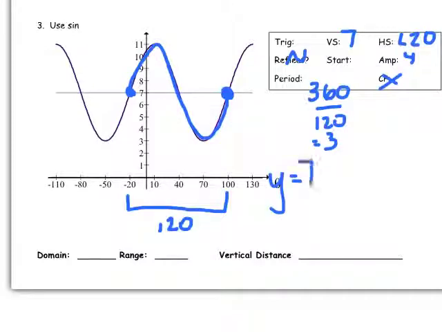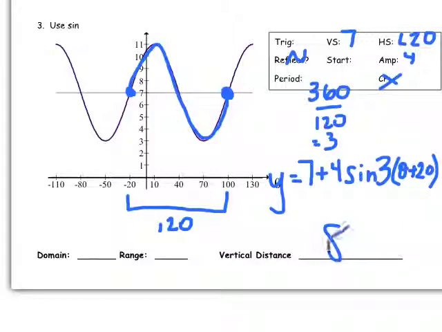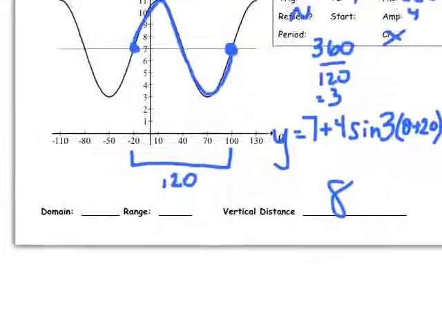So y equals 7 plus 4 sine 3 theta plus 20. Domain is all reals, range is 3 to 11, vertical distance is 8. Oh, and that's it.